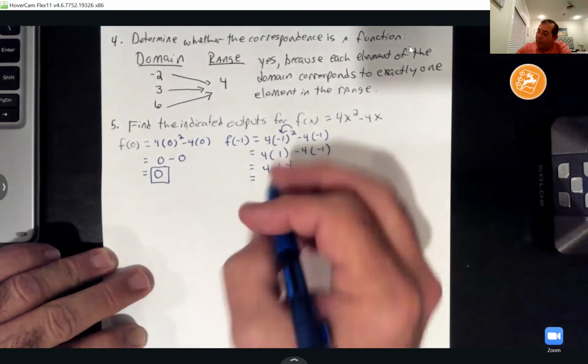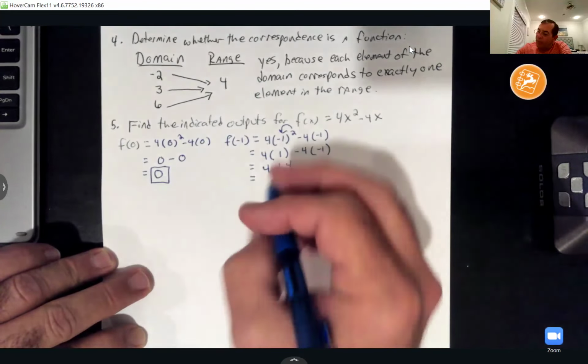So I'm going to bring that first 4 down. 2 squared is 2 times 2, which is 4. All right, so I'm bringing everybody down now. 4 times 4 gives me 16. Minus 4 times 2, which is 8. And let's see, 16 minus 8 gives me a final answer of an 8.